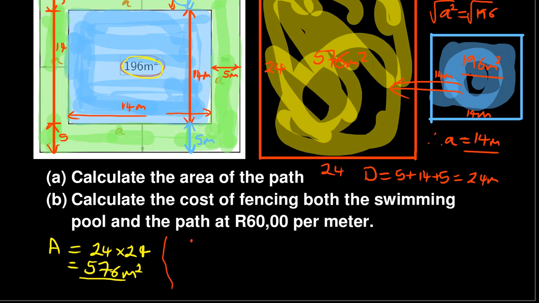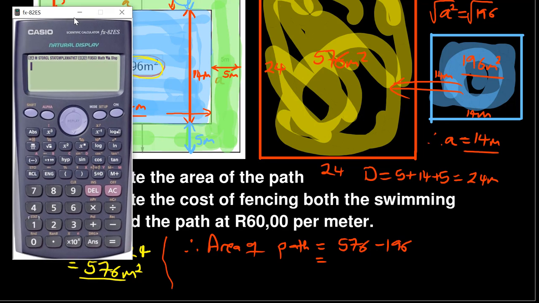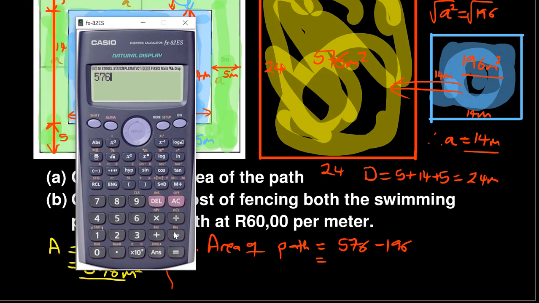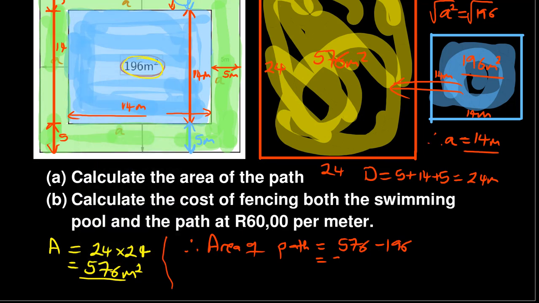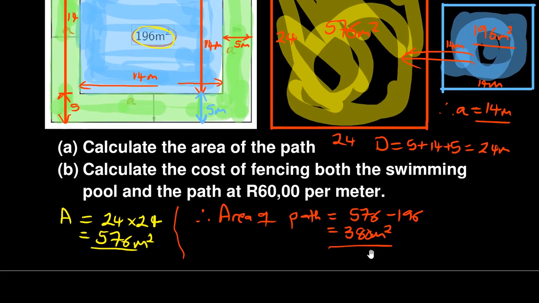Therefore, area of path is equal to 576 minus 196, and you get 380. So the area therefore of the path is 380 meters squared. Don't forget the units. They are very important, because if you forget the units, they will penalize your marks.